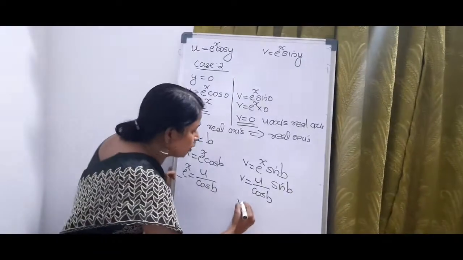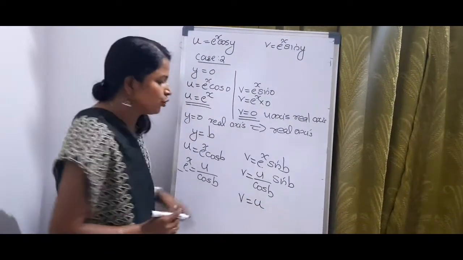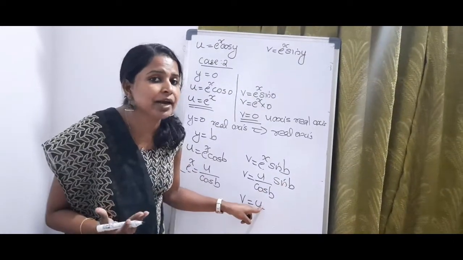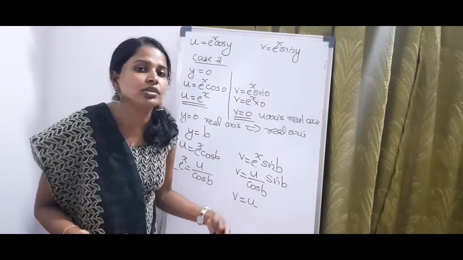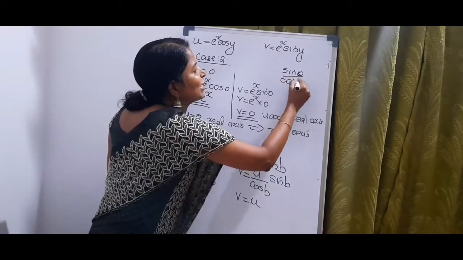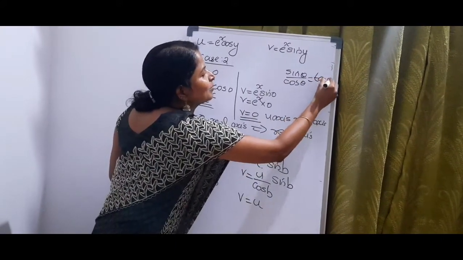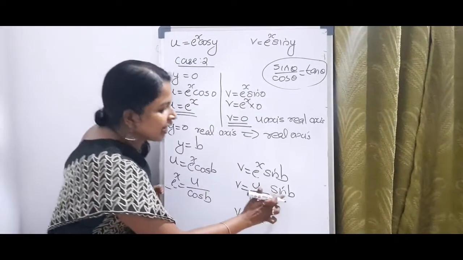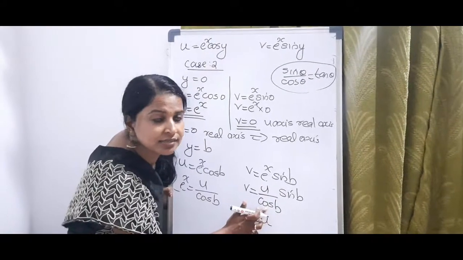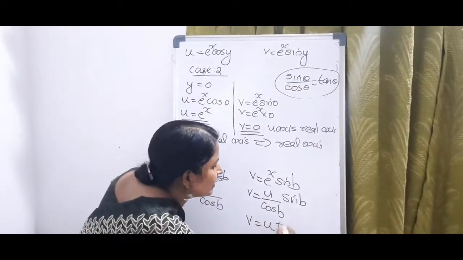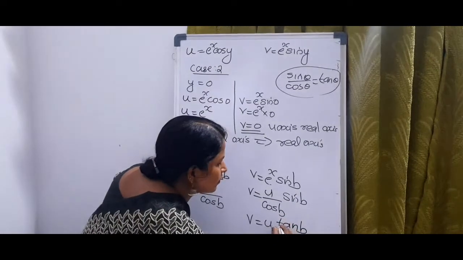So v equals u into sin b by cos b. What is sin b by cos b? Sin theta by cos theta equals tan theta. So sin b by cos b is tan b, and using this result, v equals u tan b.